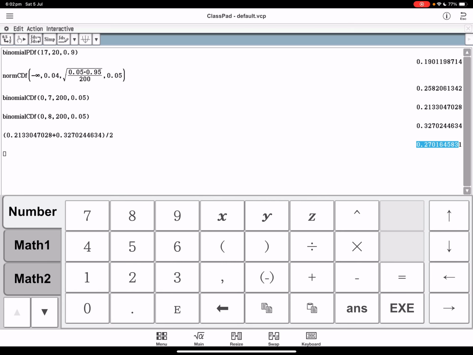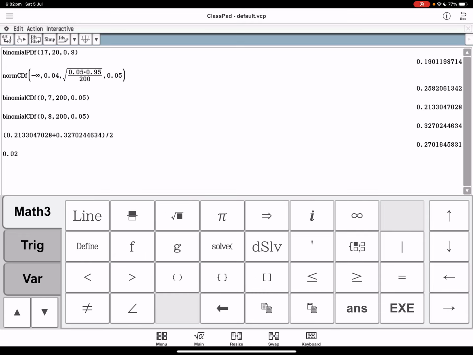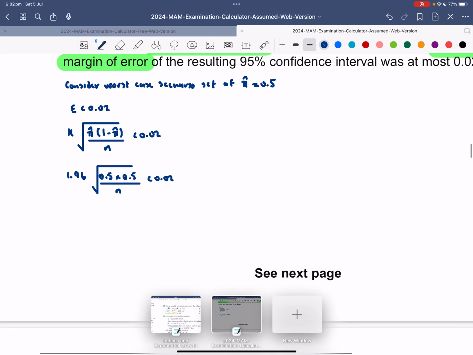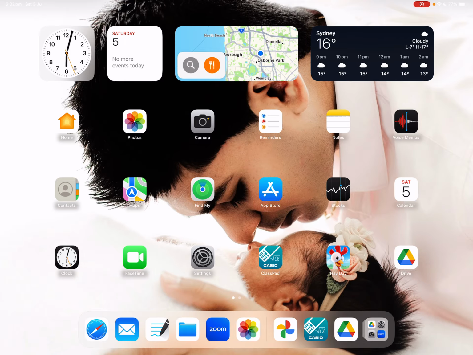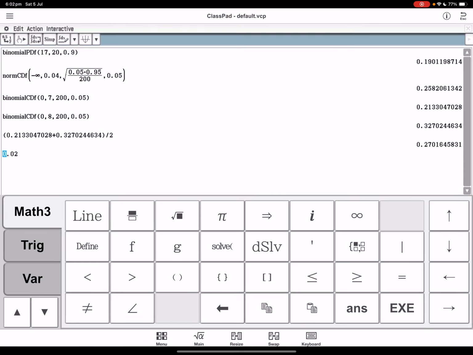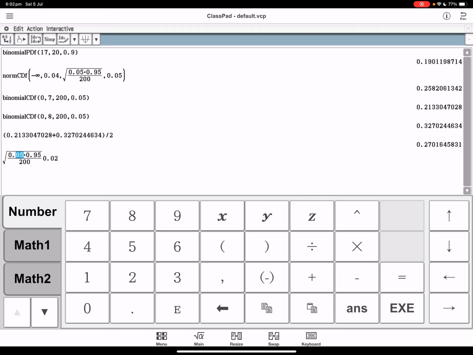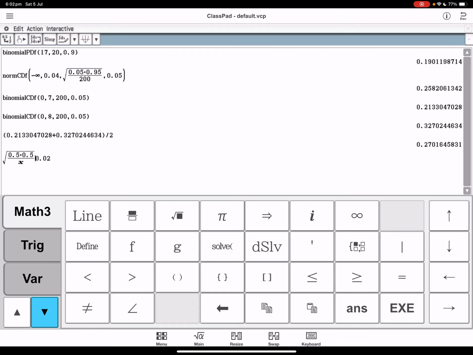Okay, always round up. In fact, I'll prove that you round up. You just sub it in as an inequality. The error has to be less than 0.02. I'll write it at the front: 1.96 times square root, worst case scenario is 0.5, we're trying to figure out the sample size, and this has to be less than 0.02.